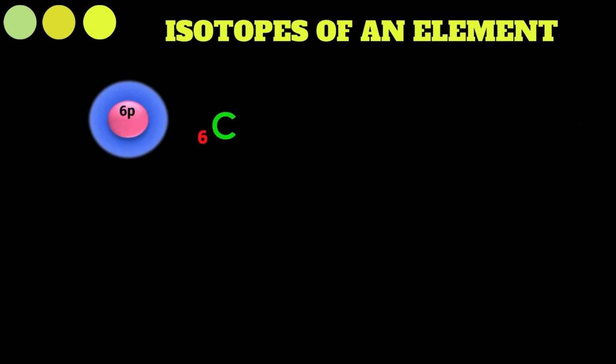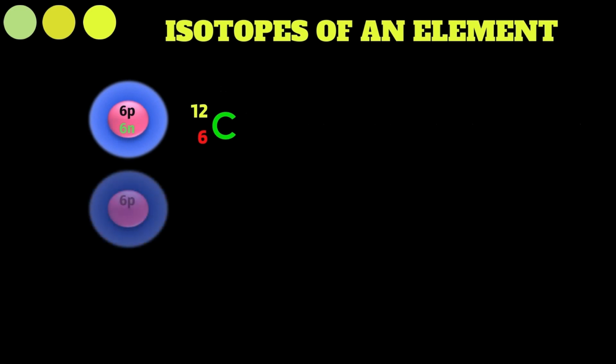So, on the left-hand side of the chemical symbol, we can write the proton number as it is written here. The nucleus of this atom has 6 neutrons as well. So the mass number is 12, which is written on the top left of the chemical symbol.